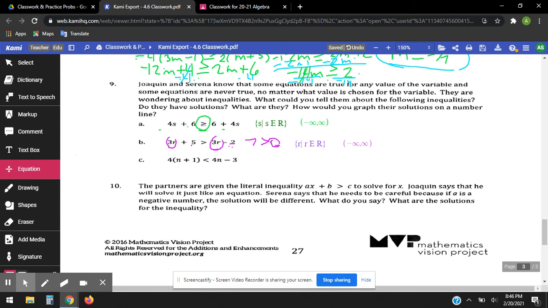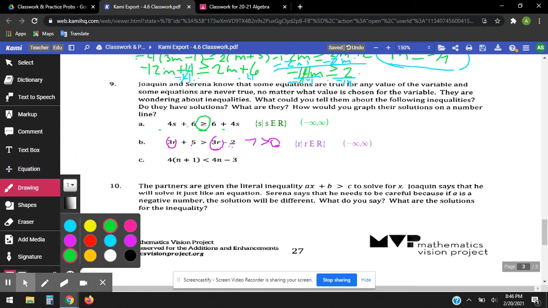So if I'm looking at this one, we're going to distribute here. Let's go ahead and we'll do this one in blue. Distribute, I'm going to get 4n plus, not plus 1, plus 4, distributed to both, is less than 4n minus 3.